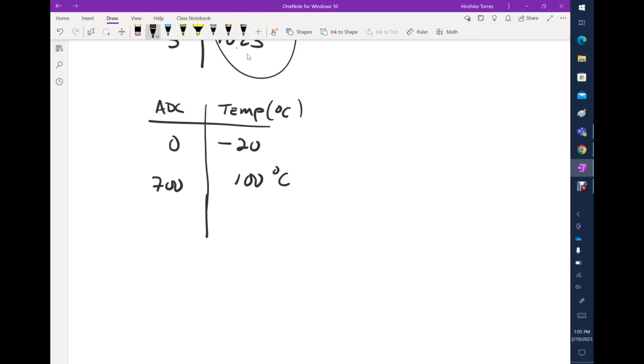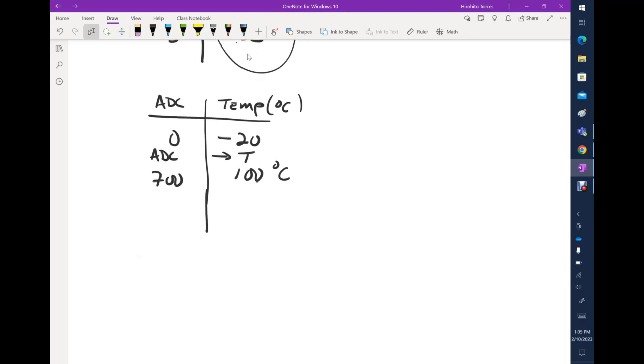I'm not saying that that's the way it is, but the idea is, now when you have something like this, it means that, assuming that the temperature and the ADC are linear, then any ADC that comes along here, I will be able to convert that to temperature. And that's it. How do we do that? Very easy. Use interpolation.